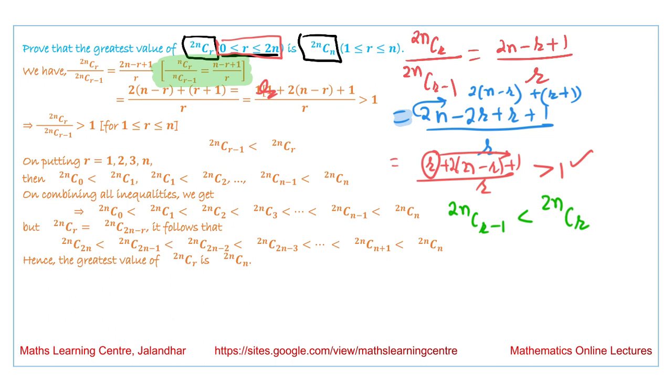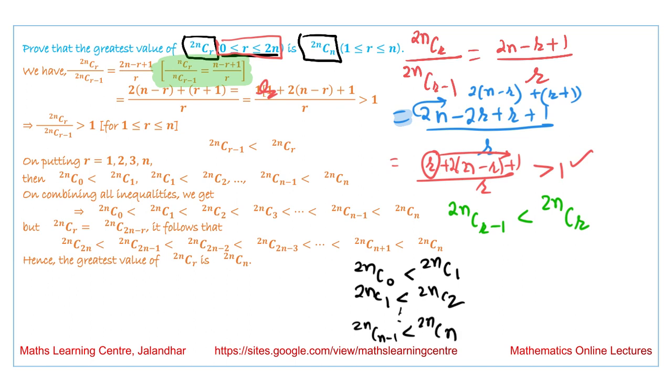Now if we put the values r equal to 1, 2, 3 in this, we obtain that 2nC0 is less than 2nC1, 2nC1 is less than 2nC2, and so on up to 2nC(n minus 1) is less than 2nCn.